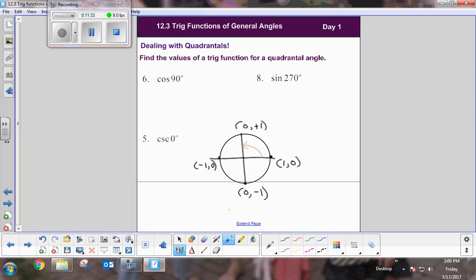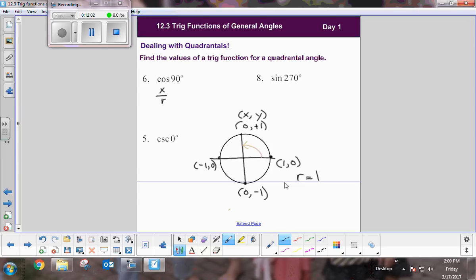There's no triangle to draw, is there? But I do know this relationship: cosine is x over r. Now in a unit circle, r is 1, because that's how I drew it. And each one of these is x, y.